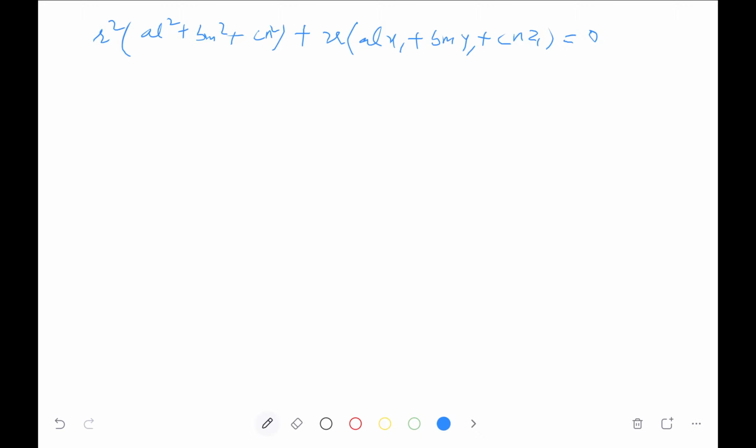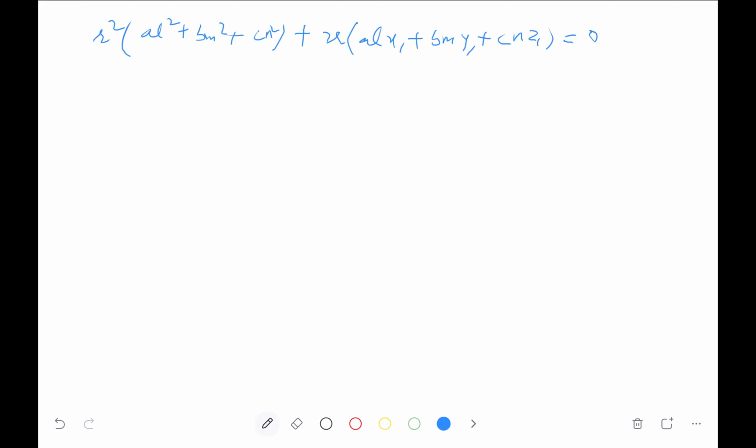This is l square by a plus m square by b plus n square by c is equal to 1 times p square. So we can take p common: l square by a plus m square by b plus n square by c is equal to p.